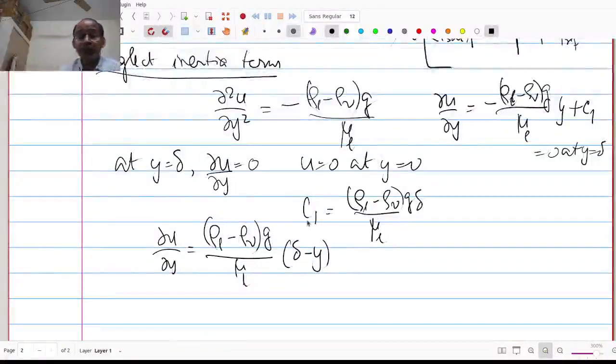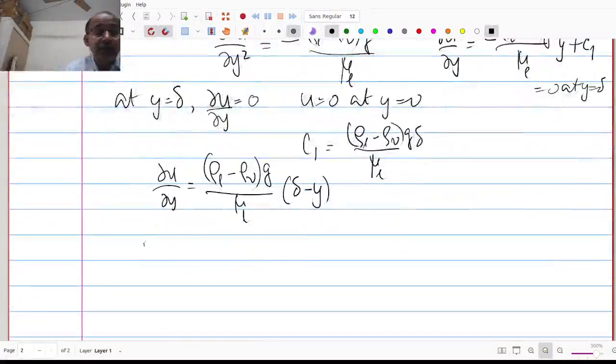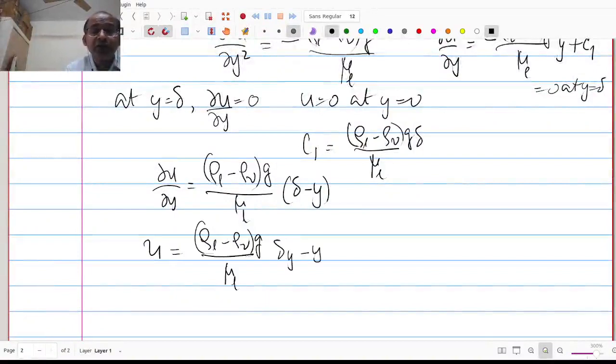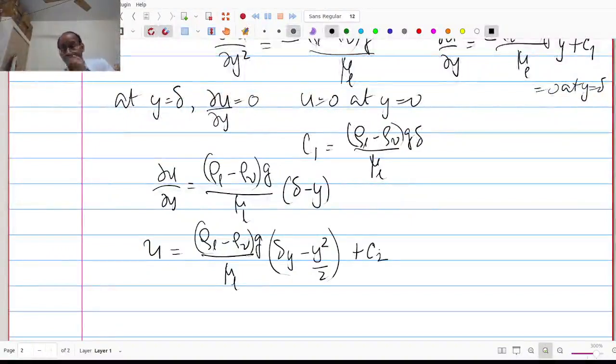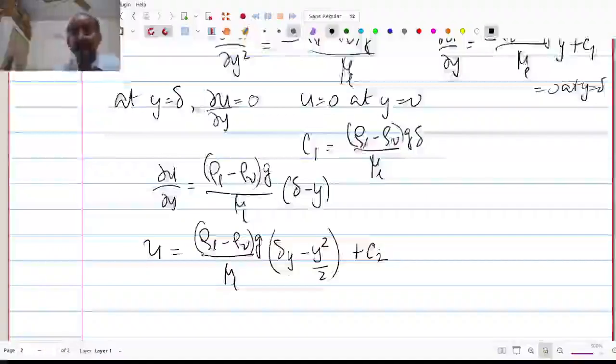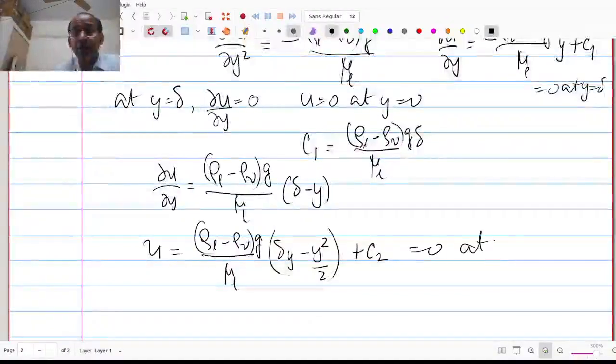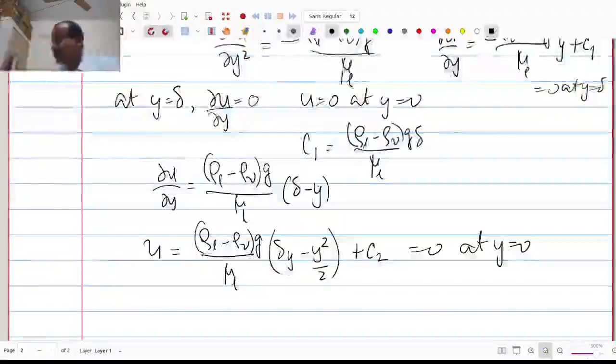If I integrate it a second time to get u, that is equal to rho L minus rho V into G by mu L multiplied by delta y minus y squared by 2 plus C2. Now u is equal to 0 at y equal to 0, so at y equal to 0 this whole term disappears. Therefore, C2 becomes equal to 0.